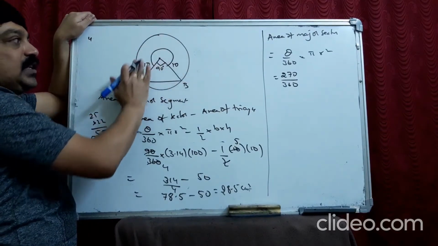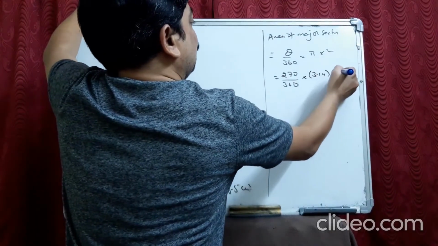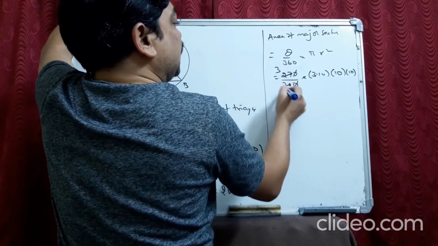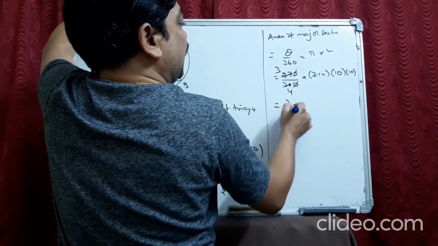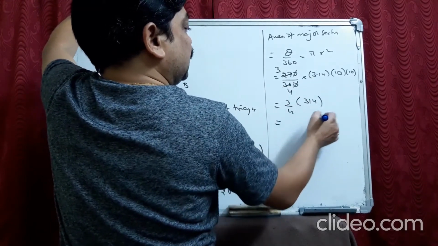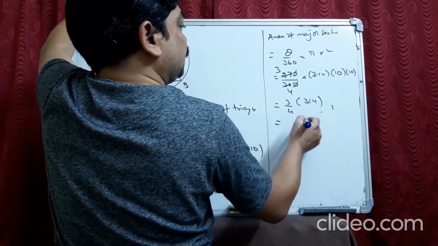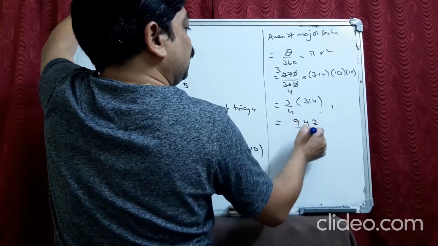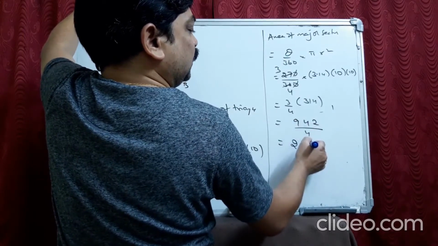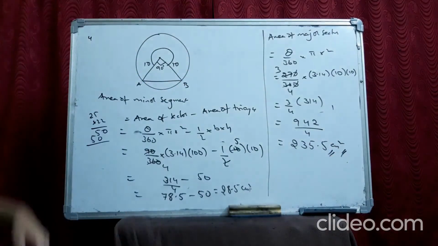So for the major sector, the angle is 270 into pi 3.14 into 10 into 10. So it becomes 9 3s, so 9 4s. 3 by 4 into 314. So it becomes 3 4s 12. 942 by 4. 4 2s 8, 4 3s 12, 4 5 20. 235.5 centimeter square. Okay.